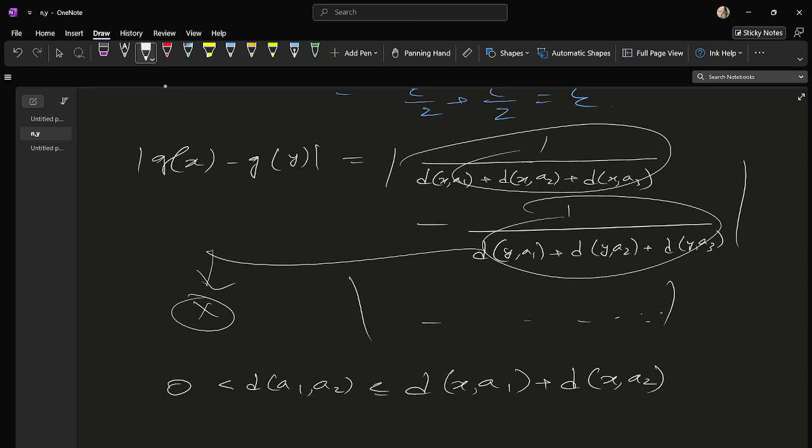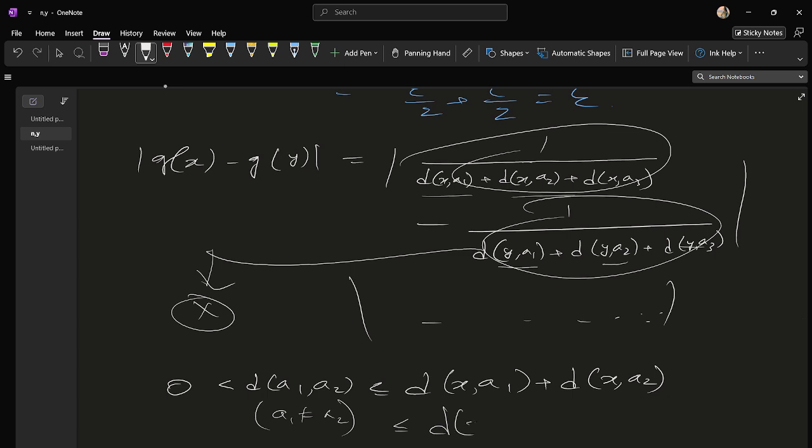Inside will be the distance of y, a1 minus this, minus this, minus this, and we can say that 0 is less than the distance of a1, a2, because a1 and a2 are not equal, and this is less than or equal to this by the triangle inequality.